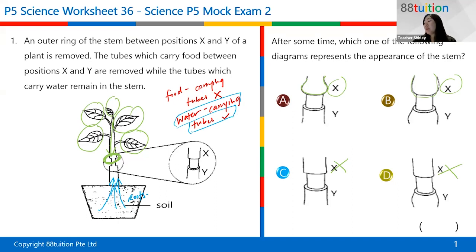Therefore the water will be successfully transported up to the rest of the plant, which means that the water carrying tube will not swell, right? Does anybody have questions so far? Do you understand this part? Okay, so therefore the answer would be A.